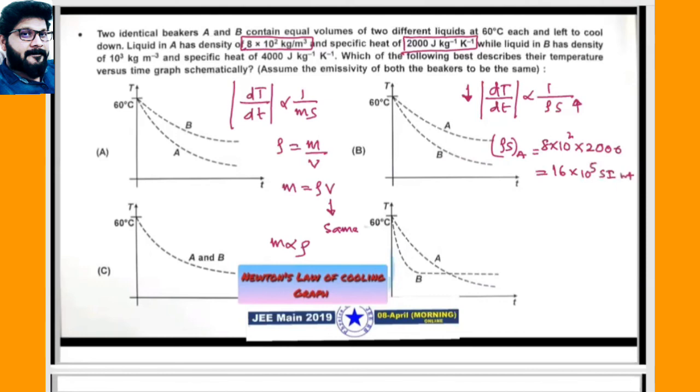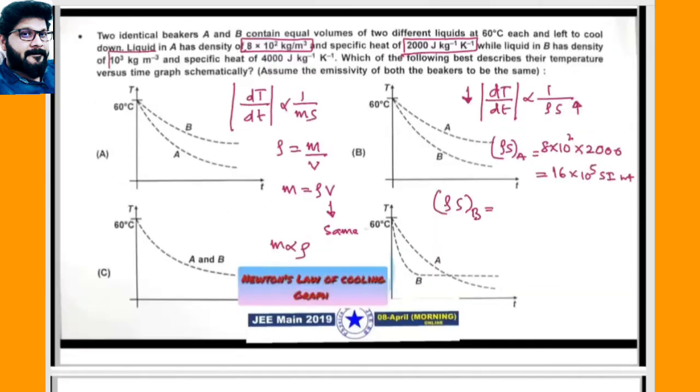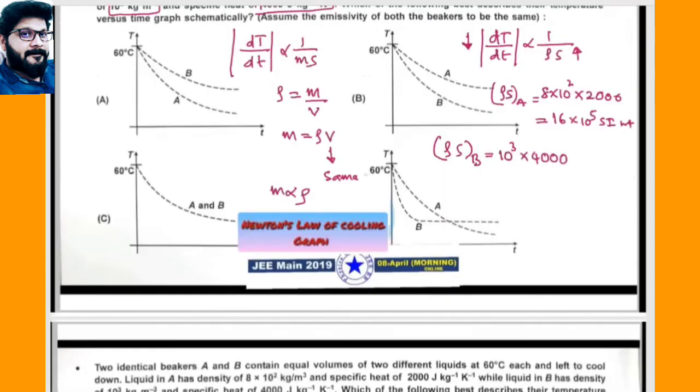Next, similarly, I'll calculate rho into S for B. Density for B is 10 to the power of 3 kg per meter cube, into S, the specific heat, which is 4000. Then what I get here is 4 into 10 to the power of 6 SI units.